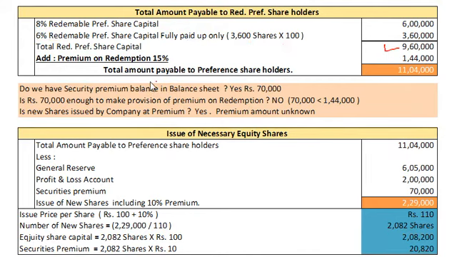These preference shares are to be redeemed at a premium of 15%. So 15% of 9 lakh 60,000 amounts to 1 lakh 44,000. So our total amount payable to preference shareholders amounts to 11 lakh 4,000.